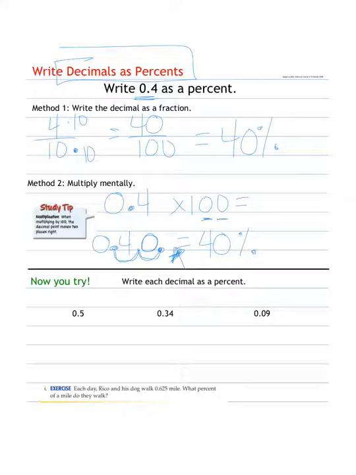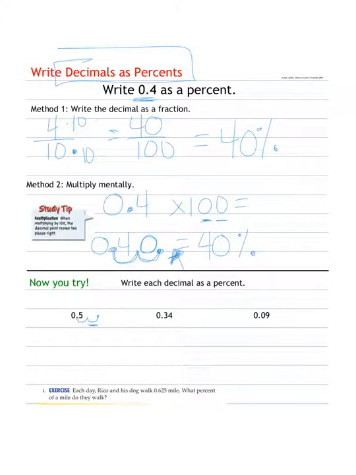So let's do another one together. 0.5, what we do is we move the decimal 2 to the right. If there's an open spot, like there is right here, then I have to add a 0. So 0.5 is the same as 50%. Do the next two on your own and then check.